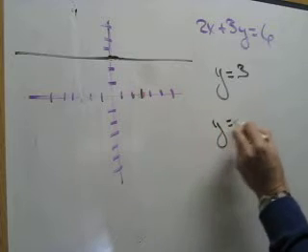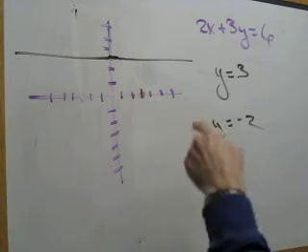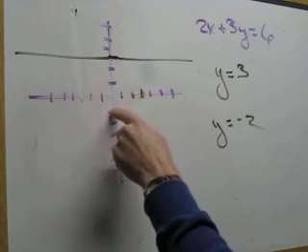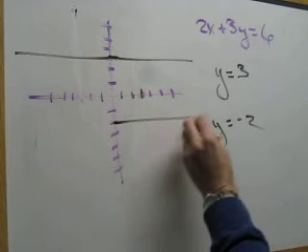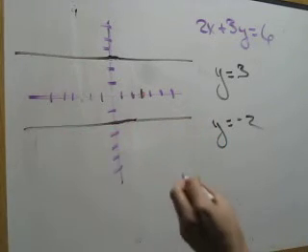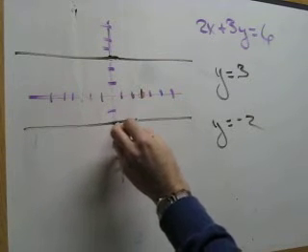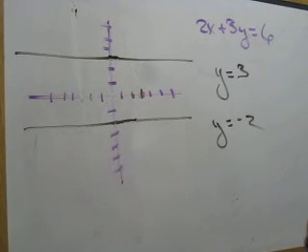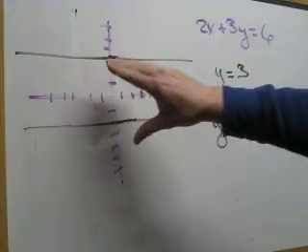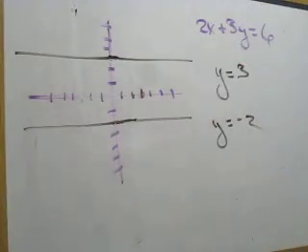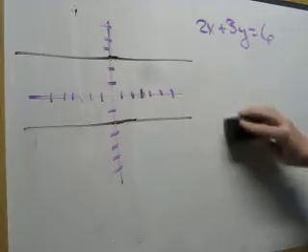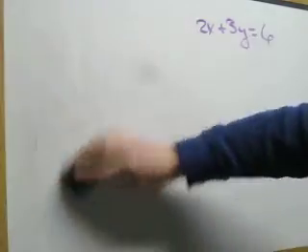Again, if y is -2, I don't know what x is, but I know that y is down 2. So I draw a horizontal line showing that y is -2 and x is who knows what. It could be anything. Okay? So that's what that is. Those are my horizontal lines and my vertical lines. So, just for future reference, if they give you some problems like that, you'll know what to do with them.